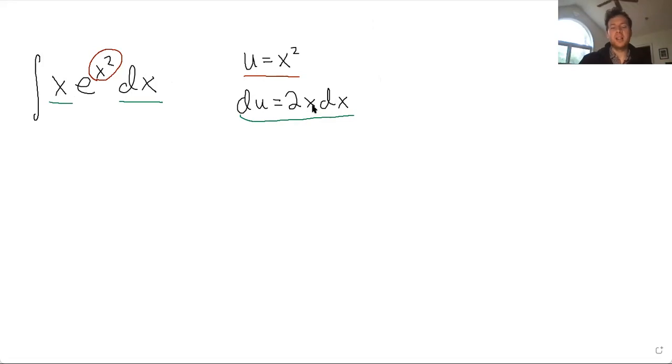But if you're ever off by a multiplicative constant, that's always fine. You can always say, I have x dx, I don't literally have that on the right side of this substitution equation here, but I can get literally x dx by moving this 2 around, because this is an equation and we have algebra that says we can move stuff around. So dividing by 2 or multiplying by a half, we get 1/2 du is x dx. And now we actually have what shows up in our integral.